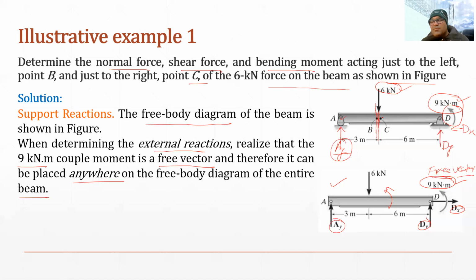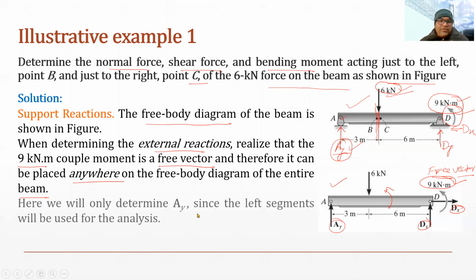But if I take the right hand side part, then I will have 2 external forces, 3 internal forces, and also the reaction. So there will be a total of 6 forces. That is why I will take only the left hand side part, and for that I will calculate the reaction at point A only, and that is what I have written.